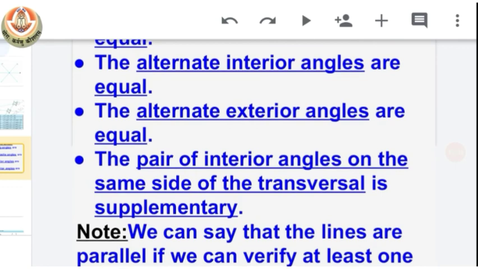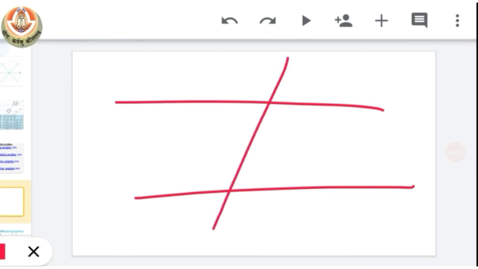So let's see another type of pairs of angles. The third one is alternate interior angles. When a transversal intersects parallel lines, then each pair of alternate interior angles so formed is also equal to each other. That means this angle is alternate interior with this one and this angle is alternate interior with this one.